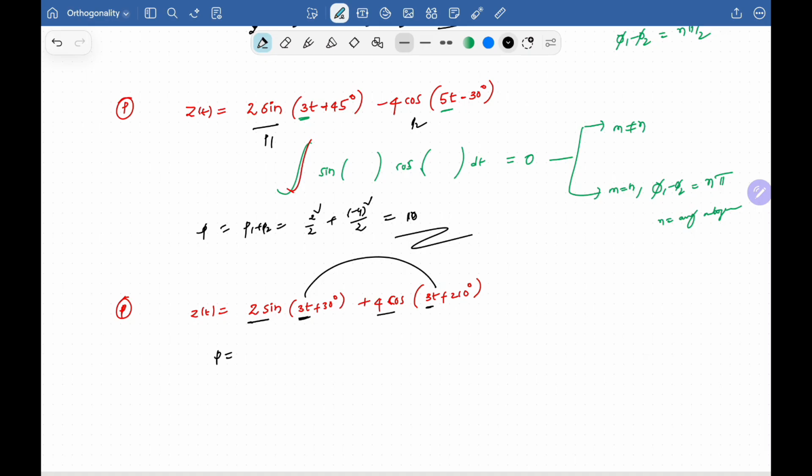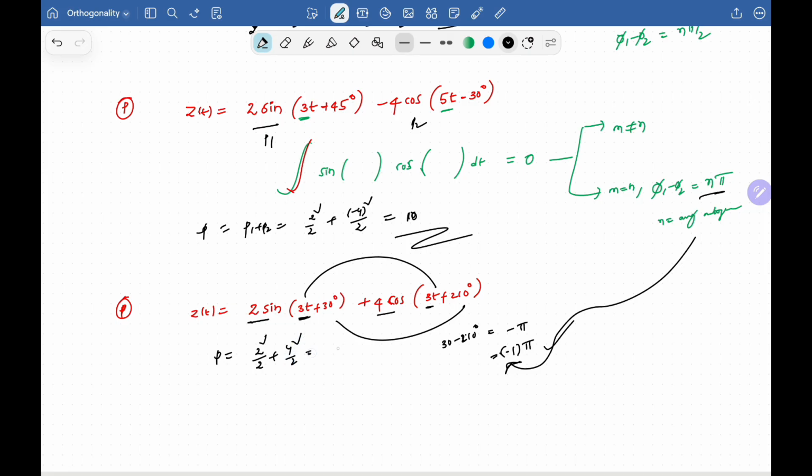Then what you have to do next is check the phase. The phase difference is 30 minus 210, equal to minus 180 degrees, which is minus 1 into 180, so it is satisfying. The phase difference should be an integer multiple, so the phase condition is satisfied. So the power is 2 square by 2 plus 4 square by 2, 10 is the answer. That's it. This is how we need to solve.